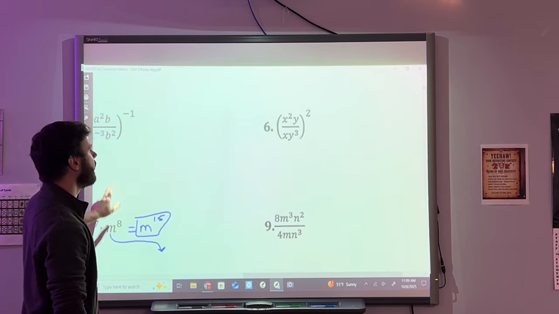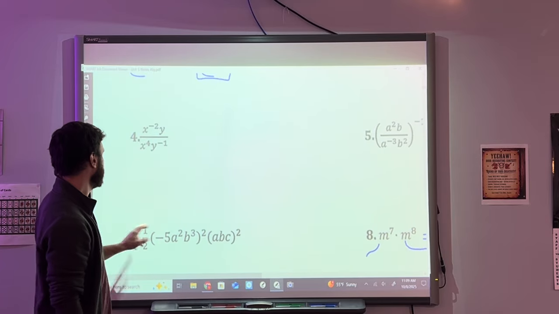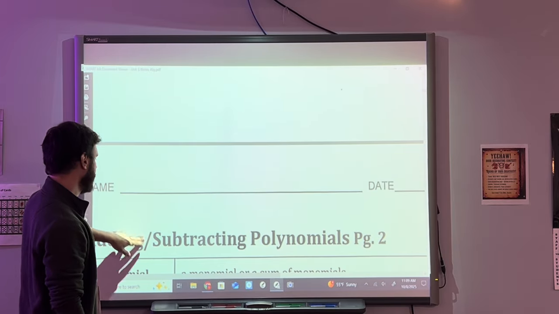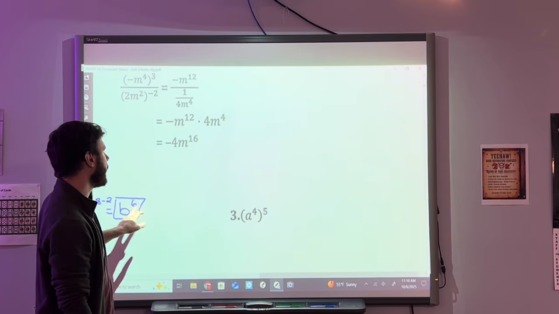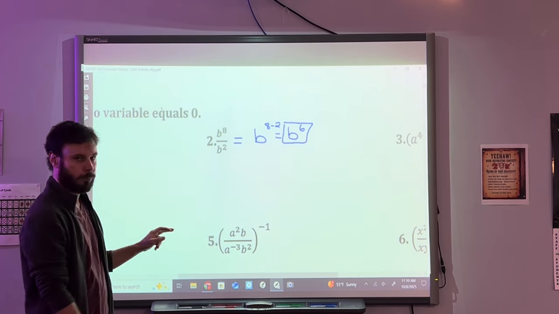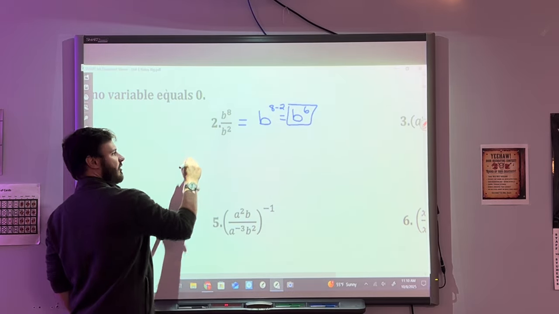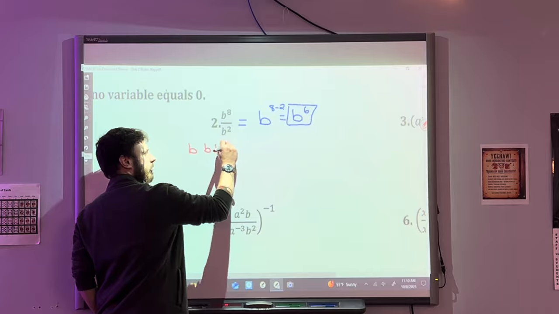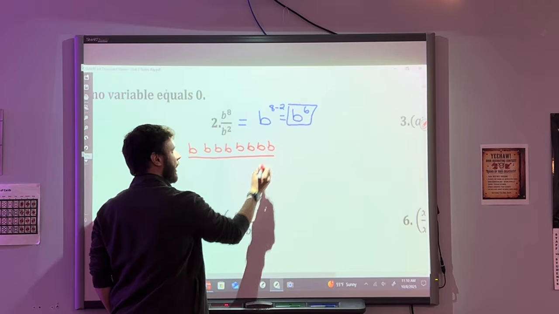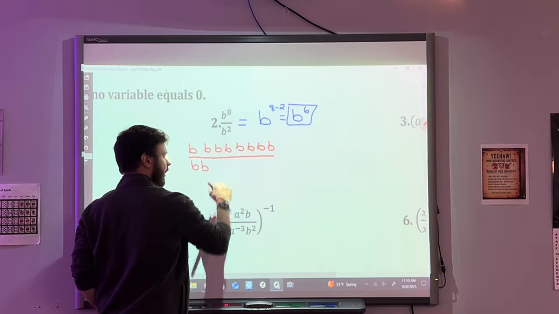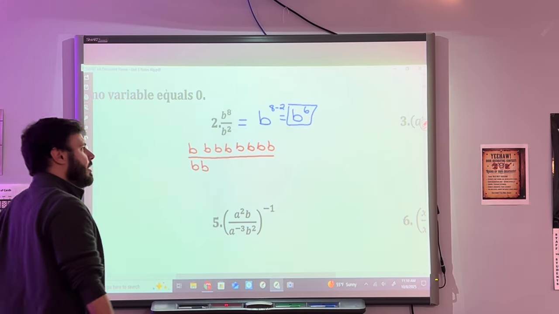But the division one, is there a nice one with division? No, not really. Okay, so let's go back up and learn why the division rule works. Here we go. What this is saying is I have 8 B's on the top. 1, 2, 3, 4, 5, 6, 7, 8, and they're all being multiplied. And I have 2 on the bottom. Okay. Well, B is just a variable. B can be anything.